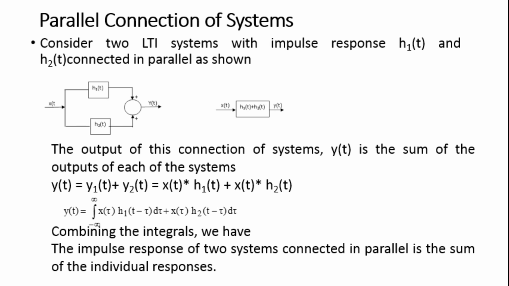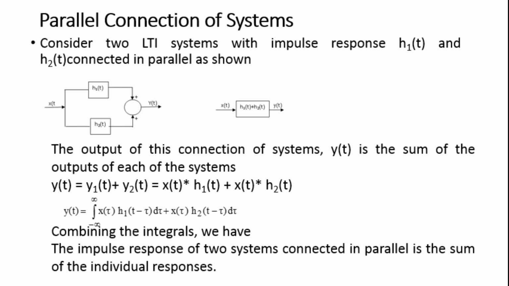Consider two LTI systems with impulse responses h1 of t and h2 of t connected in parallel as shown in the diagram. X of t is the input, h1 of t and h2 of t are the impulse responses connected in parallel, and the output is y of t.